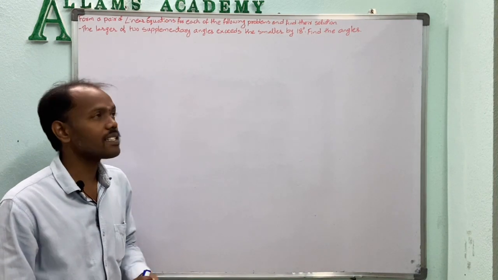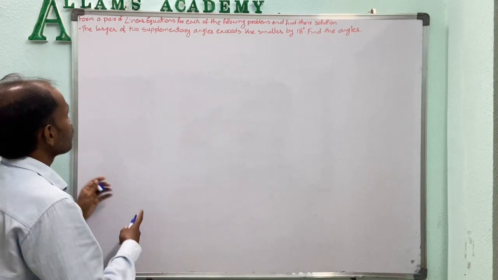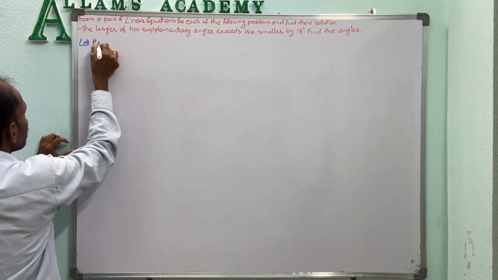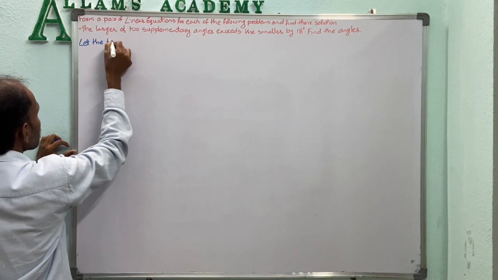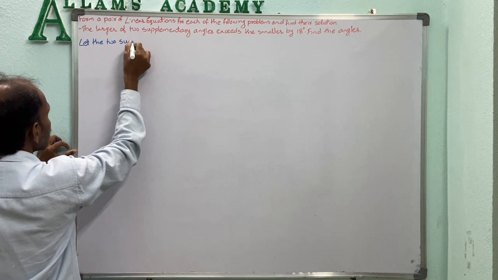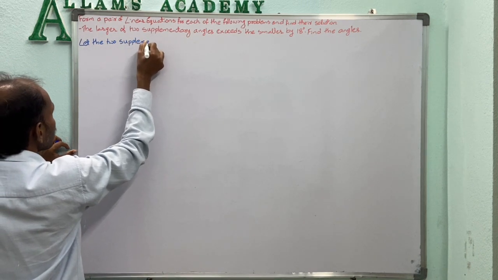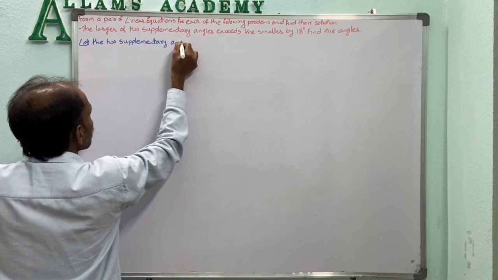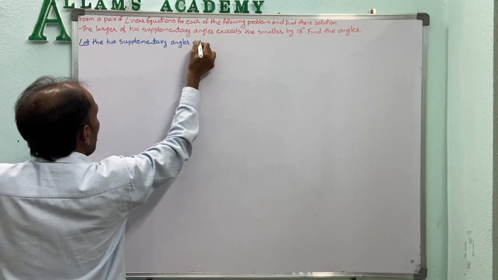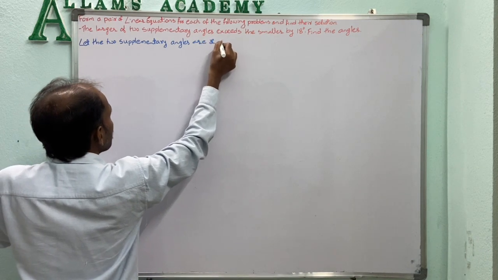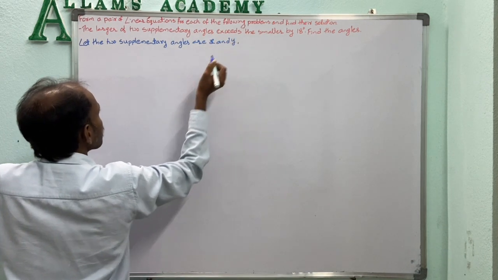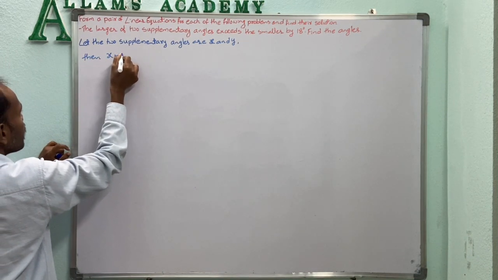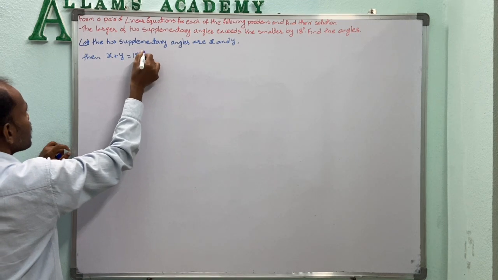So let the two supplementary angles be x and y, then we can write x plus y equal to 180 degrees.